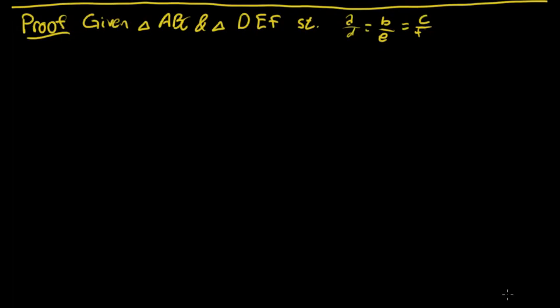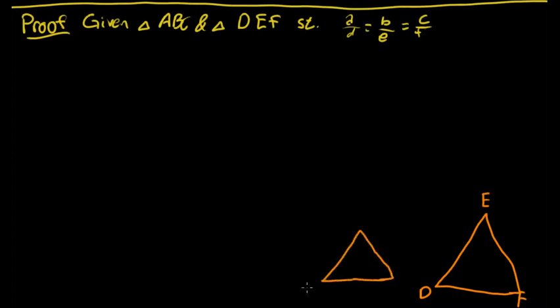So we'll get these two triangles. This one will be DEF, and then this will be our smaller triangle, ABC. And then we'll label all the sides.